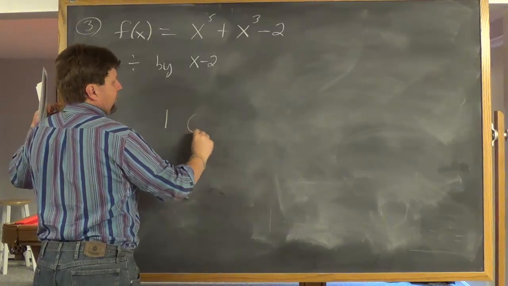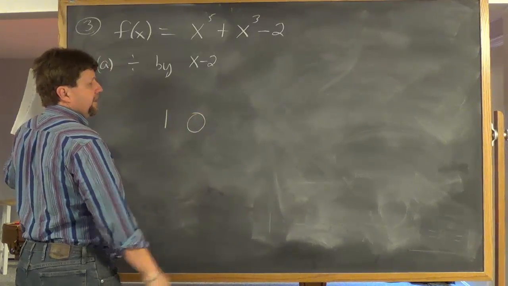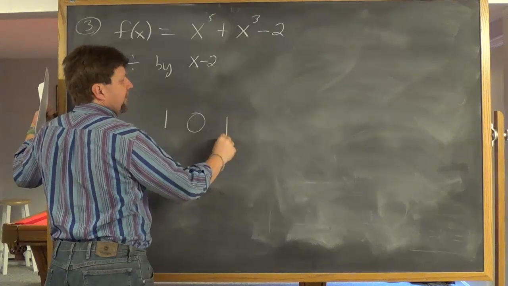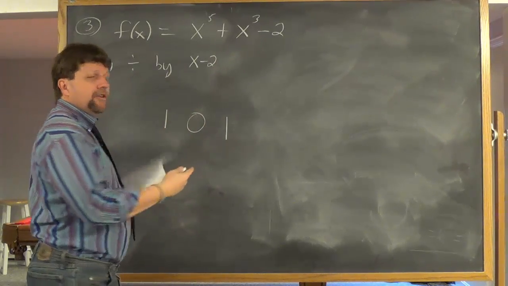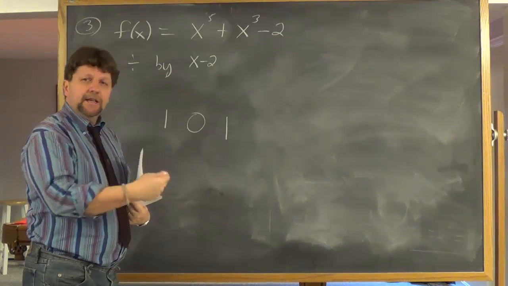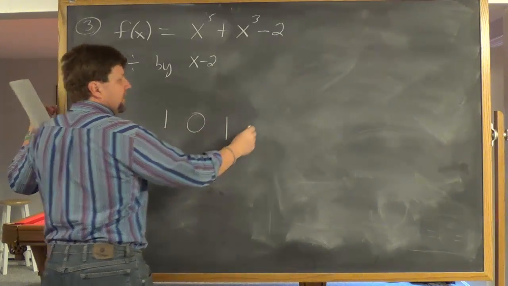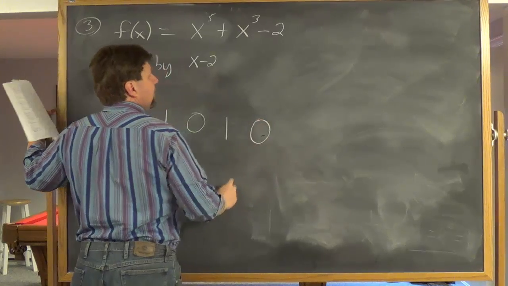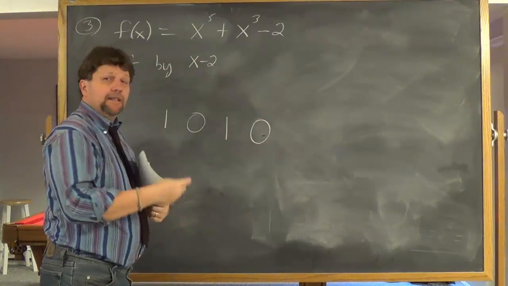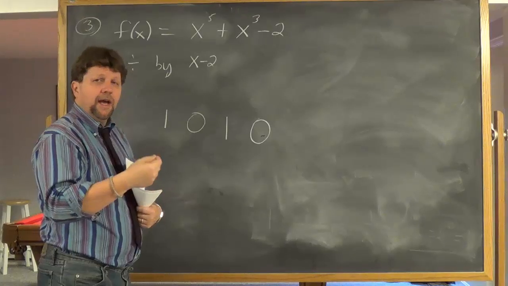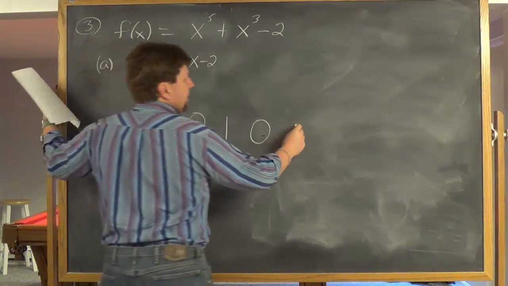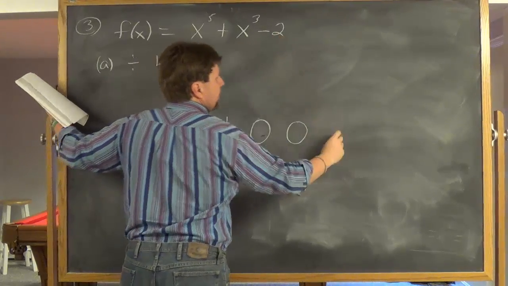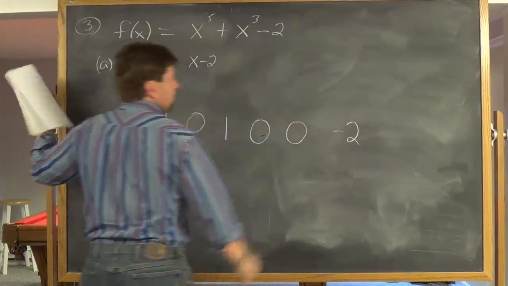The coefficient for the x cubed term is 1. The x squared term isn't there, so it has a coefficient of 0. The x term isn't there either, so it too has a coefficient of 0. And then we don't forget the minus 2 at the end.